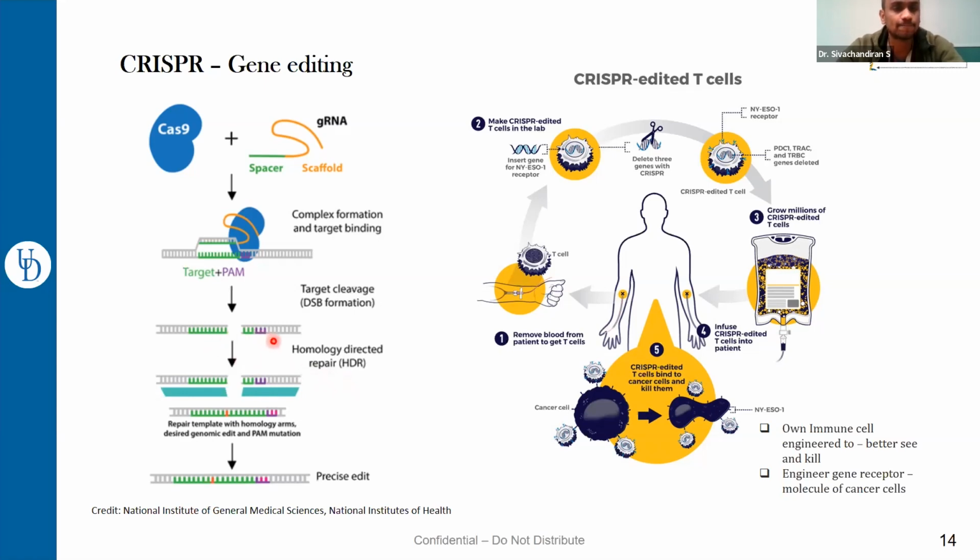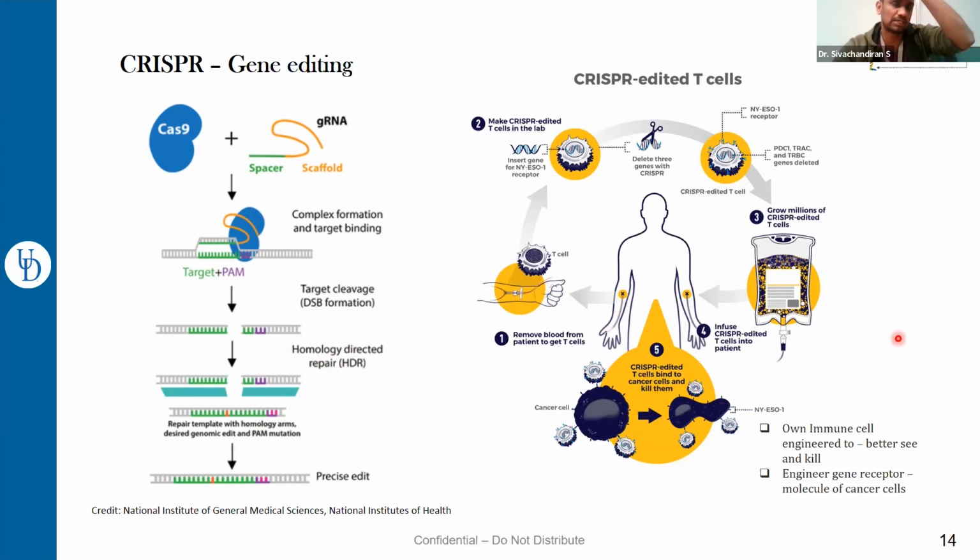If you don't have any template with a homologous arm, it goes and repairs itself, but sometimes it leaves a single base pair change, even a single base pair change that can cause the collapse of the entire gene or the entire cell. So that's why in many laboratories they provide a complementary strand, so you get homology-directed repair, so it won't have any marks when it gets repaired.